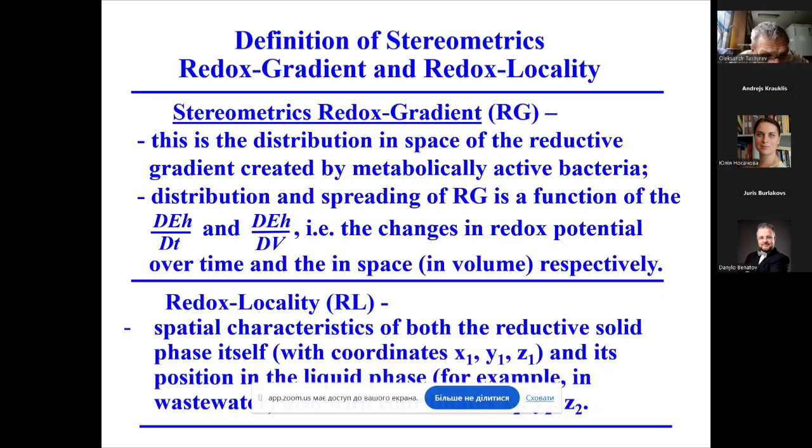And redox locality is the spatial characteristic of the reductive solid phase itself with coordinates x, y, z, and so on, and its position in the limited phase, for example, in wastewater.